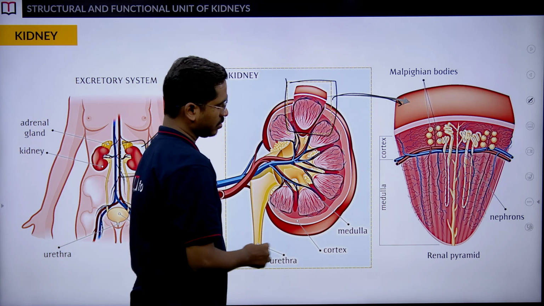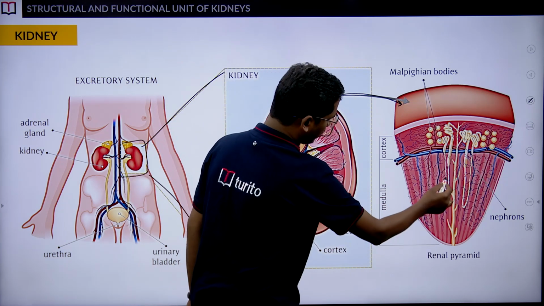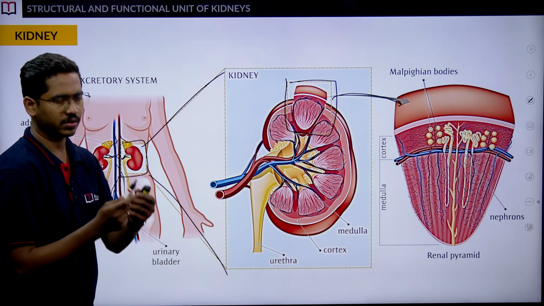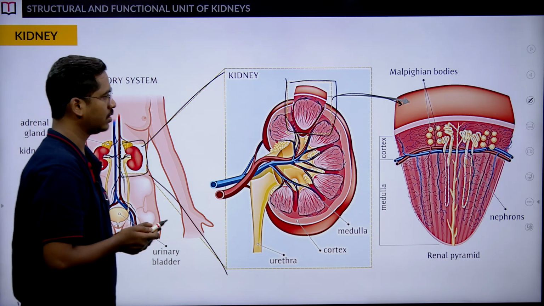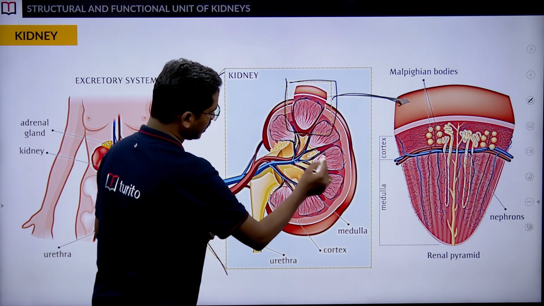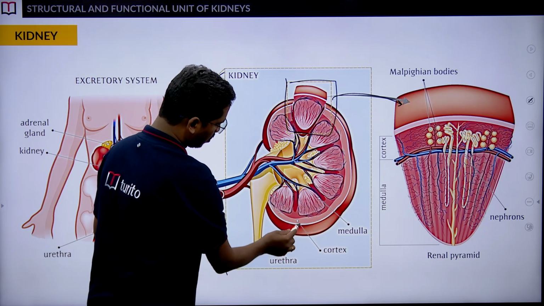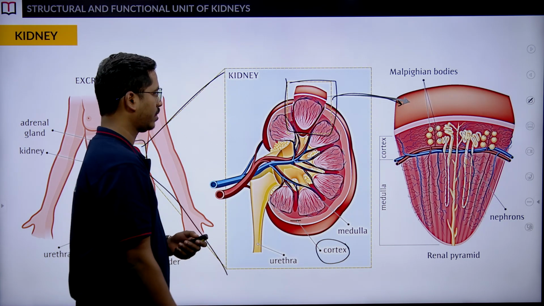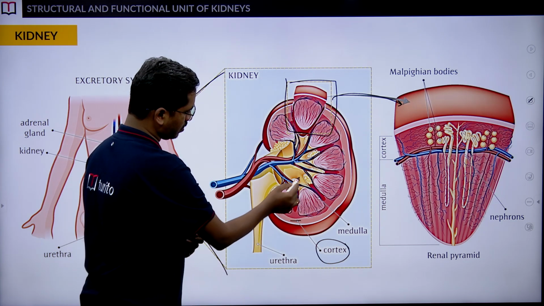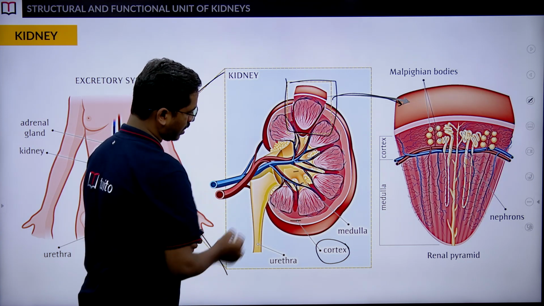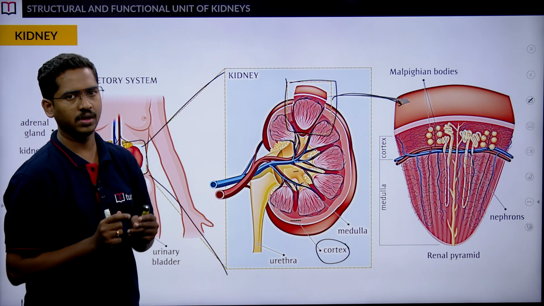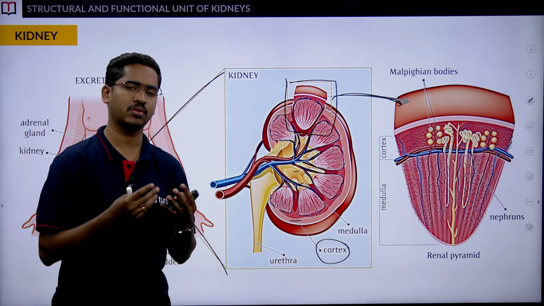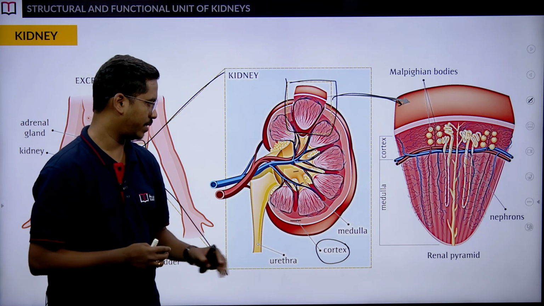This arrangement of the nephron inside is different, and the same nephron, the functional unit of the kidney, you will find even in the cortex region. Even in the region of the minor calyx and major calyx you will find the presence of the nephron. That is what brings the different types of nephron depending on the location.